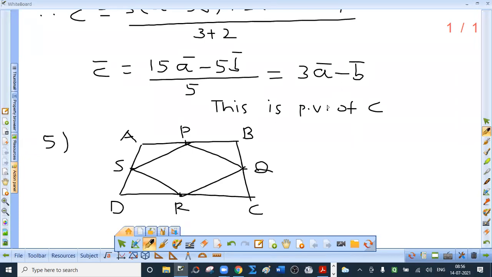See, name the points by capital letters, vectors strictly by small letters.